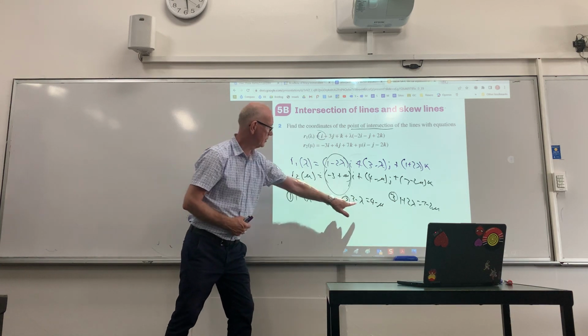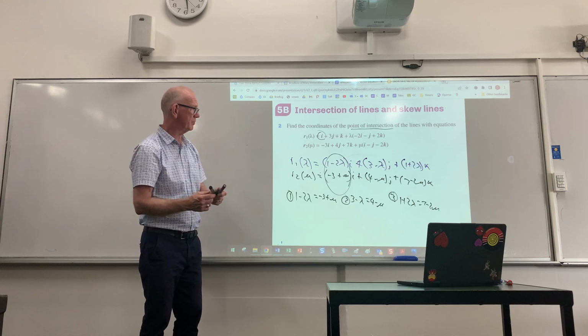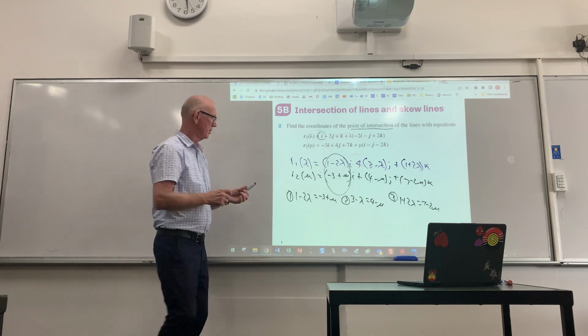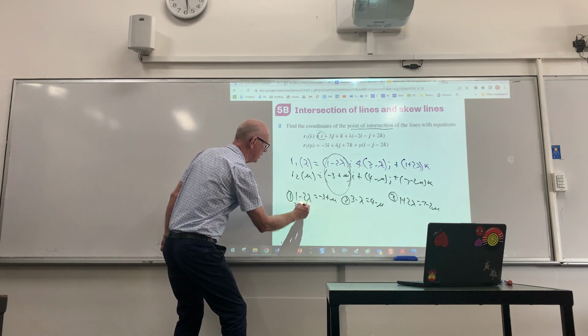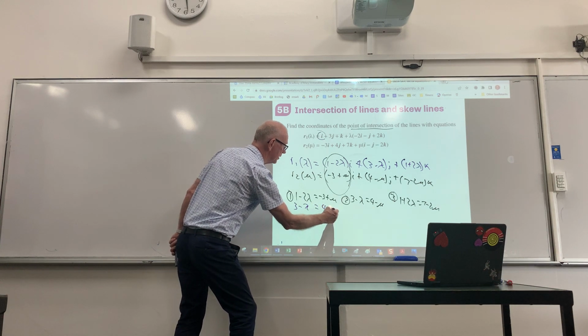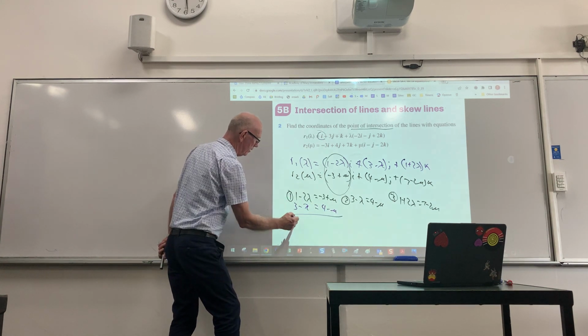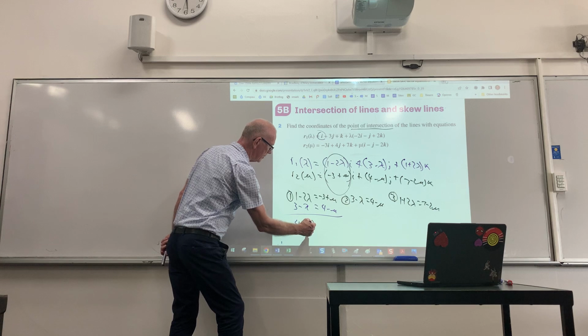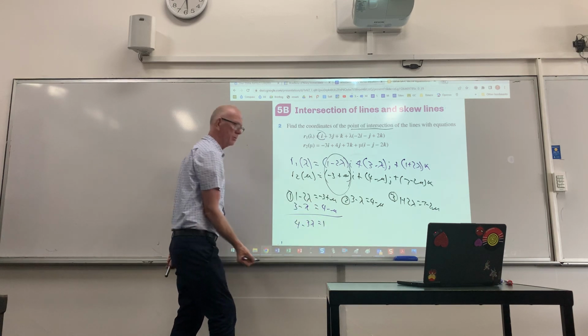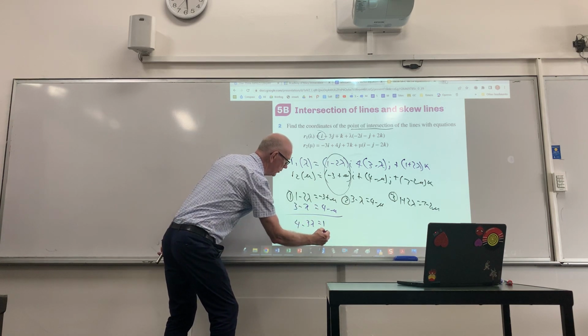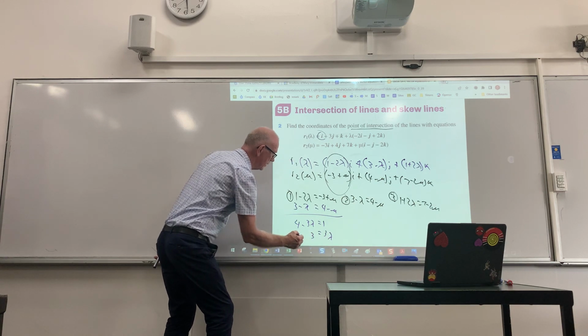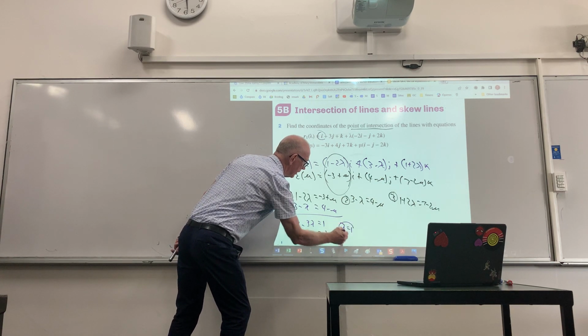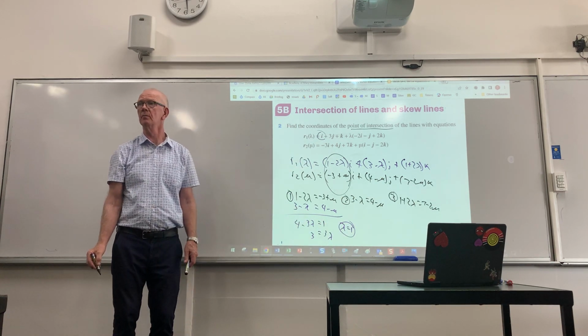If I add this one to this one, I should eliminate the mu's. Is that correct? Yeah. So if I write 3 minus lambda equals 4 minus mu, and add them together, 4 minus 3 lambda equals 1. 3 lambda equals 3, lambda equals 1. That's one solution.